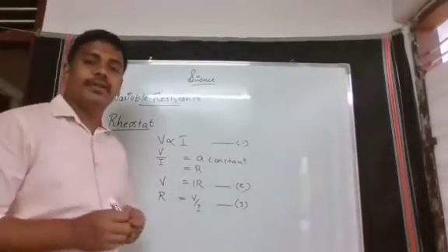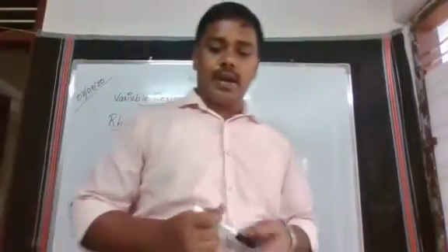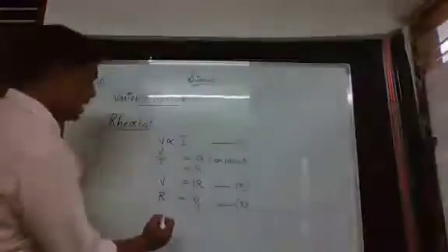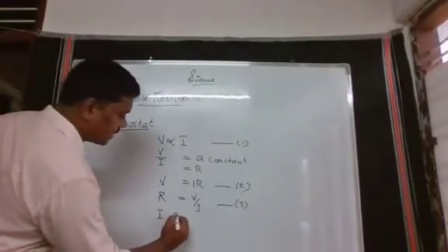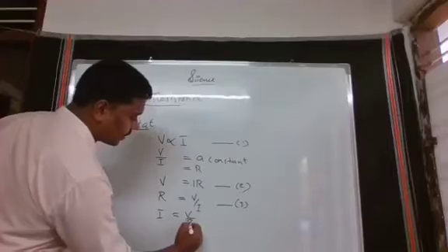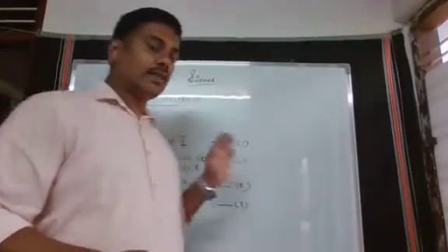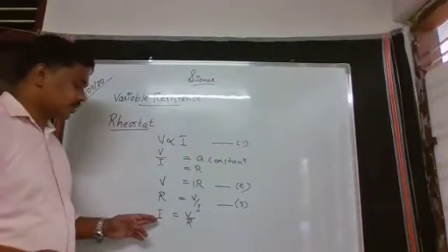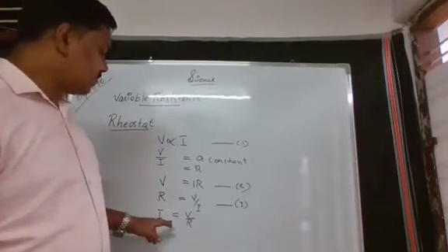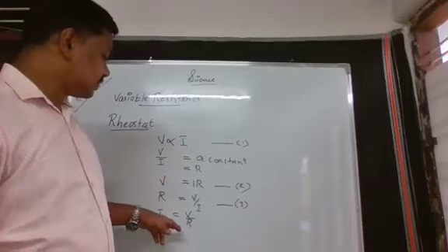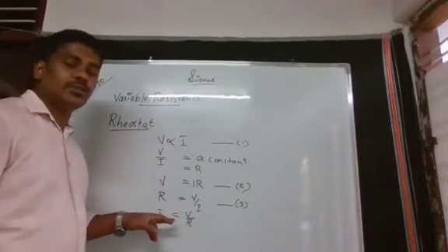And for finding current, I is equal to V by R, volt by resistance. And we can say the current flowing through a resistor is inversely proportional to the resistance.